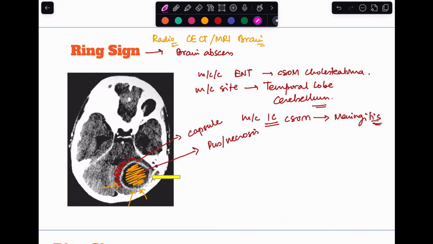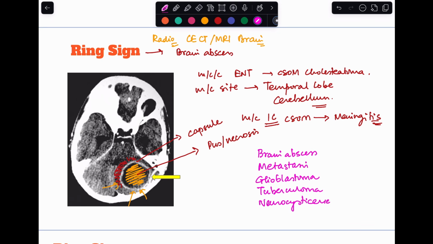Whenever you see a ring enhancing lesion, yes, definitely it can be a brain abscess, but some other common differential diagnoses could be a metastasis or a glioblastoma or a tuberculoma or neurocysticercosis. So these are all possible differential diagnoses of the ring sign. Therefore, when you see a ring sign, do not jump directly into the diagnosis of brain abscess. There could be multiple different causes related to this.